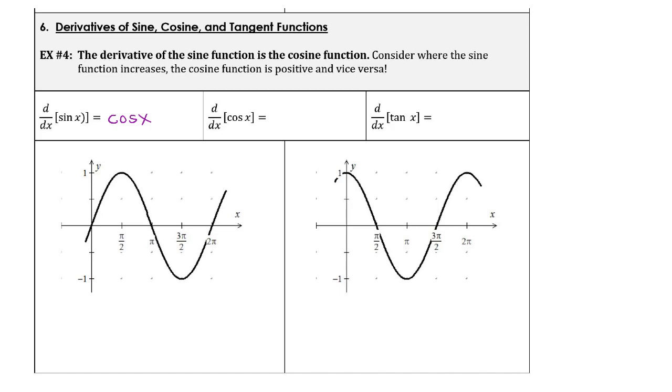That's all that means. You're going to take sine of x out of the problem and replace it with cosine of x. There's no multiplying by an exponent and subtracting 1. There's none of that. You're just changing out the trig function.